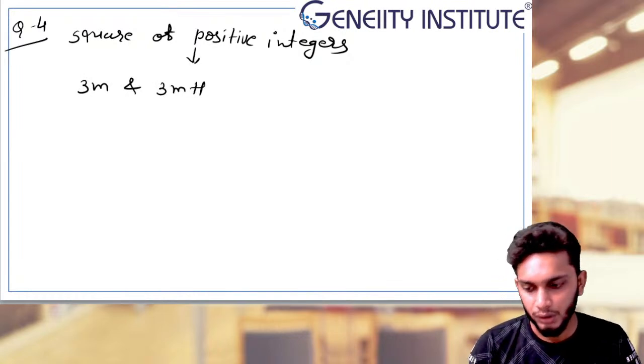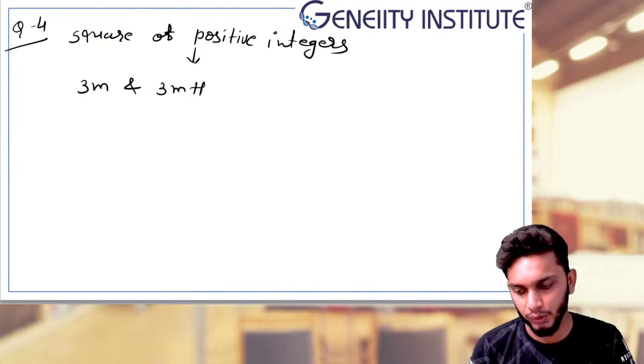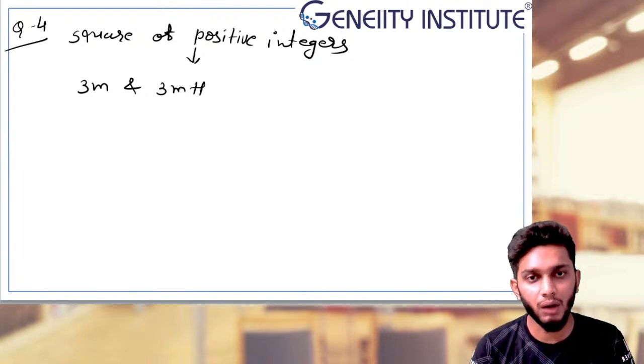So here in this example we need to show that the square of any positive integer is of the form 3m or 3m plus 1. Now how?